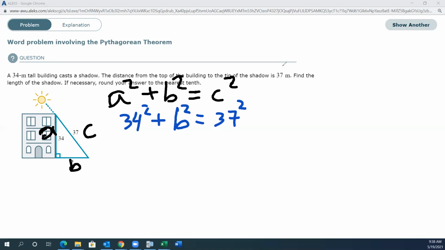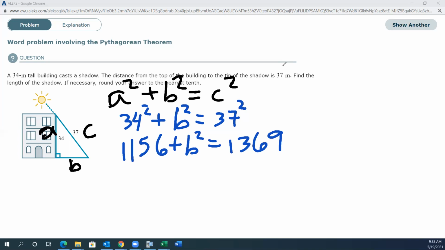So, square some of those things out, and we get 1156 plus B squared is 1369. All right, if I subtract 1156 from both sides, I get 213. Then I shift into take the square root mode.